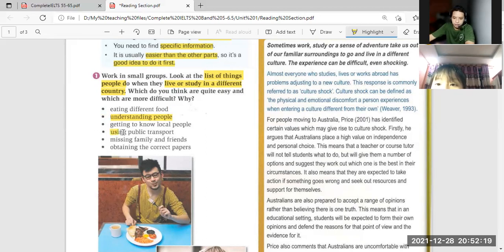Okay, using public transport is easy? Okay, what else? What else do you think is easy? Missing family and friends. Missing?